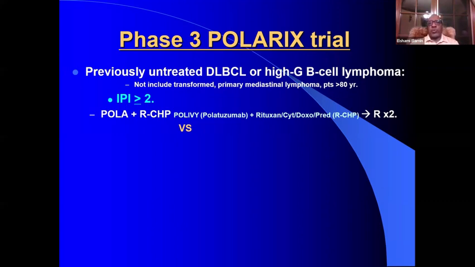They follow that with 2 cycles of single agent rituximab as maintenance, versus the standard of care, which is R-CHOP, also with 2 rituximab maintenance. So basically, very well controlled 2 arms to test replacing the vincristine by this pola-V.